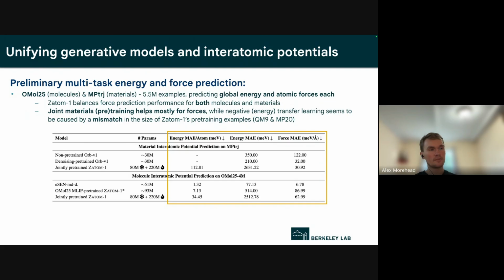Yeah, I'm not sure I would phrase it as equilibrium versus non-equilibrium. I think of it more in terms of the size of the systems themselves, like how many atoms are in them. So QM9 and MP20 are equilibrium structures that are very small, versus OMOL25 structures and other data sets, which are much larger on average, or at least they can be. And so there's a huge distribution shift between our pre-training setup, which we followed to match all the benchmarking conventions in the literature, so we could compare to methods like ADIT.